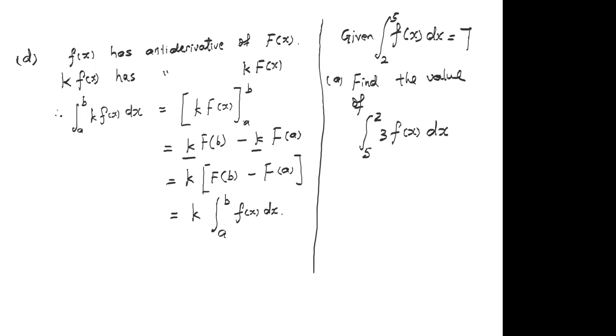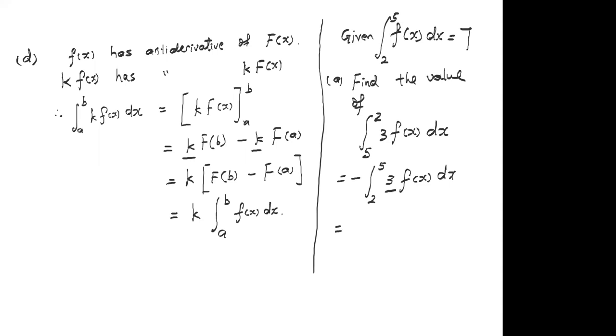Okay, now if you have a look at this, I'm applying the C rule and the D rule together. So you see the limit is inverse. So now I have to revert it back. I want 2 to be at the bottom, 5 to be on top. So if I alternate the limit, then I have to put a negative sign in front. Okay, there is a multiply here.